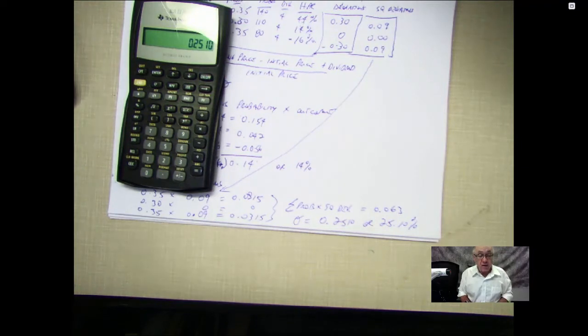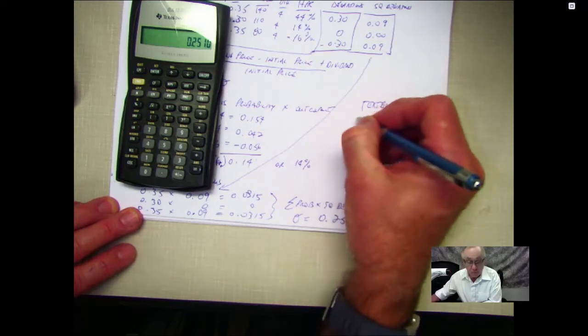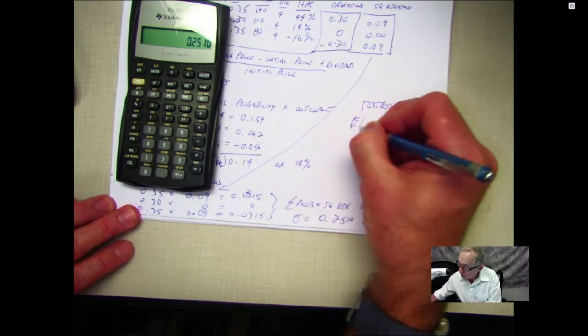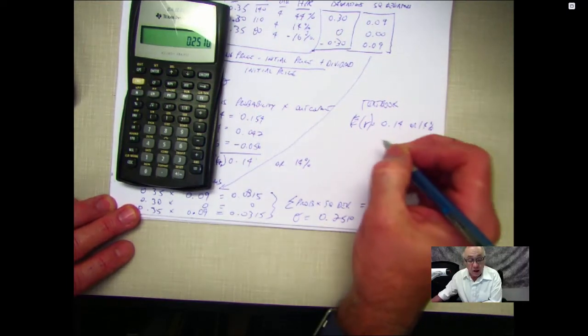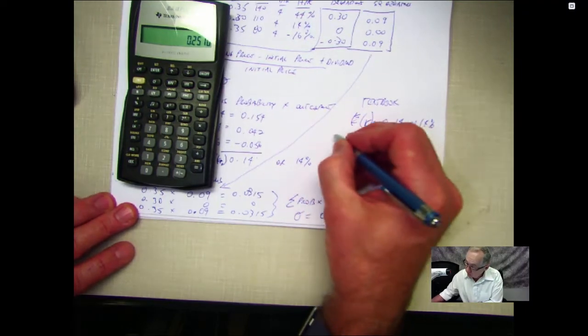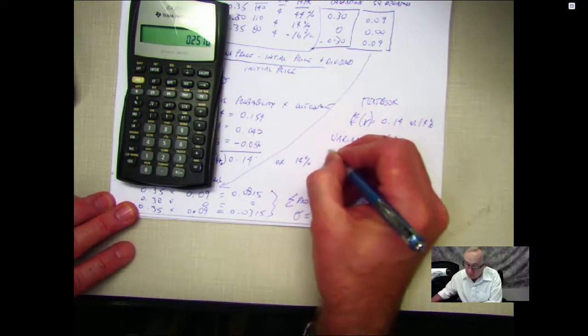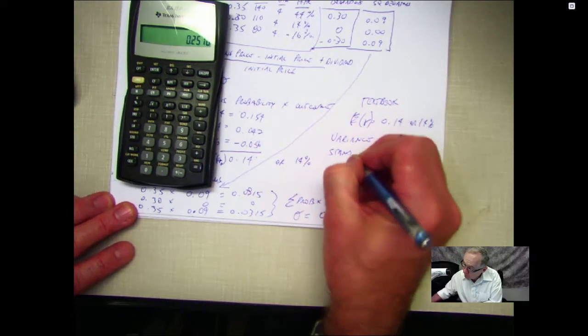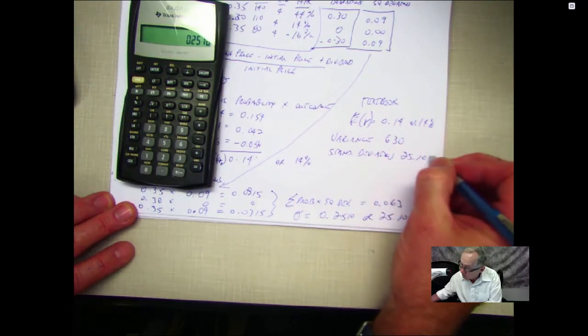And on the safe side, checking our textbook answers: the expected return is 0.14 or 14%, variance given as 630, and then standard deviation 25.10%.